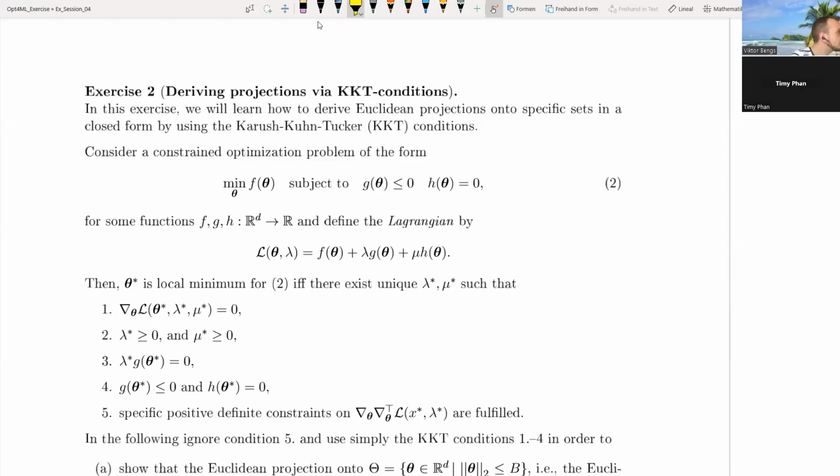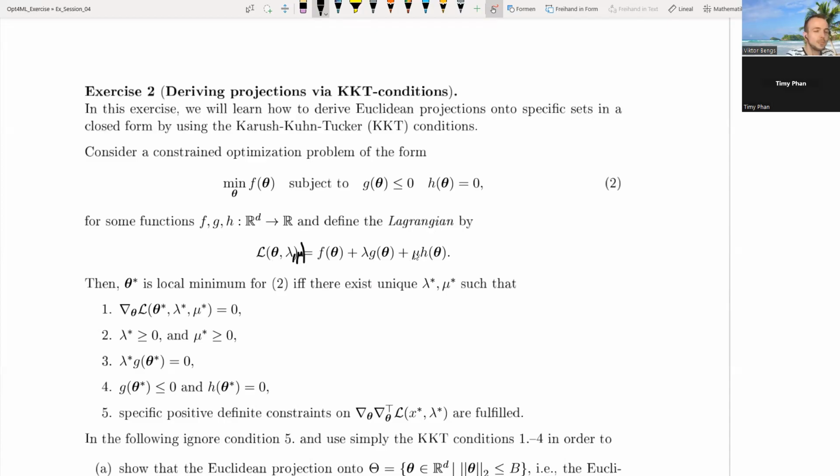What is the Lagrangian function? Here's a mu missing, sorry. The Lagrangian function, usually denoted by this calligraphic L of theta, lambda, mu, is the function we actually want to minimize, plus lambda times the first constraint function, plus mu times the second constraint function.